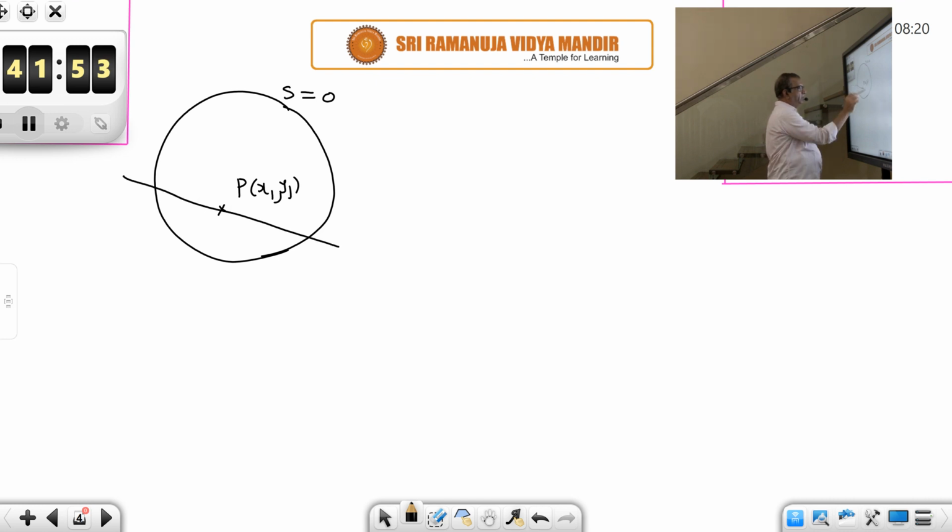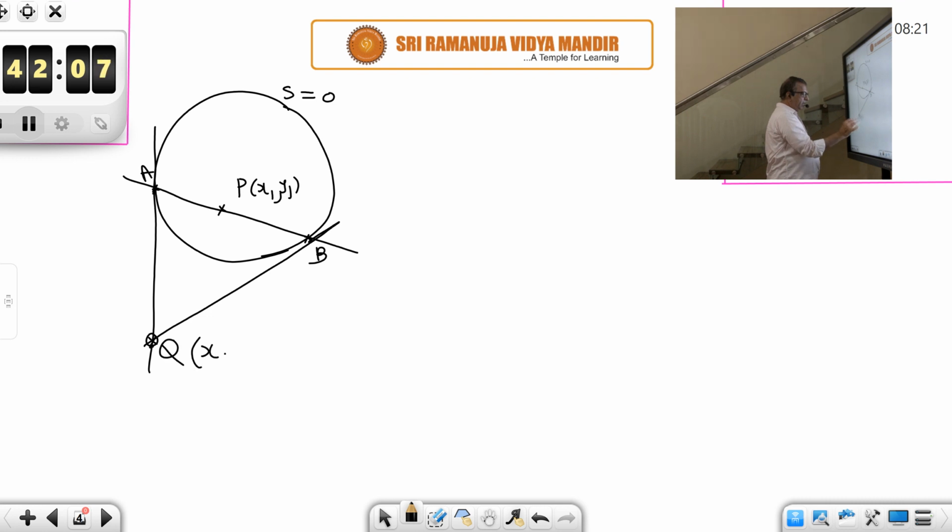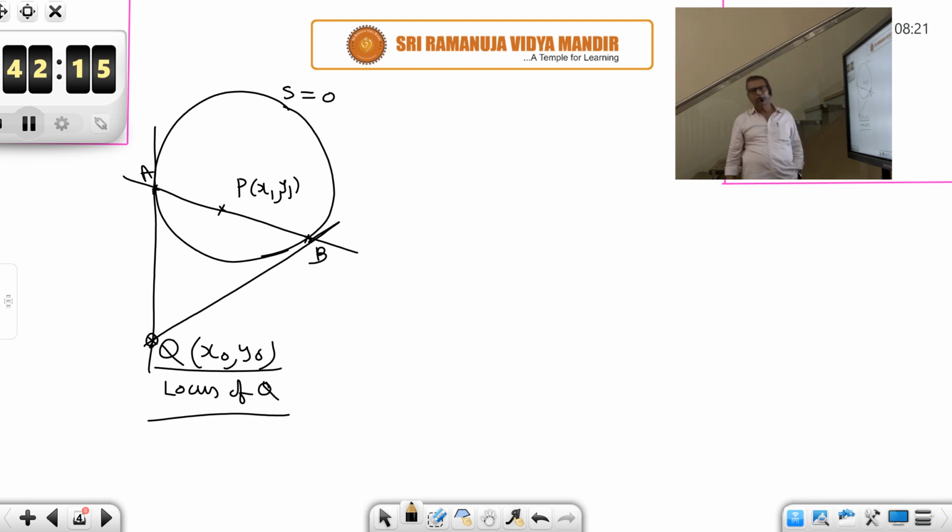You have to draw a line through P, intersecting the circle at A and B. At A and B, we have to draw two tangents. Their point of intersection, its locus. So let it be x0, y0. So we have to find the locus of Q, and it is nothing but the polar of P. That is the definition. Locus of Q is the polar of P.